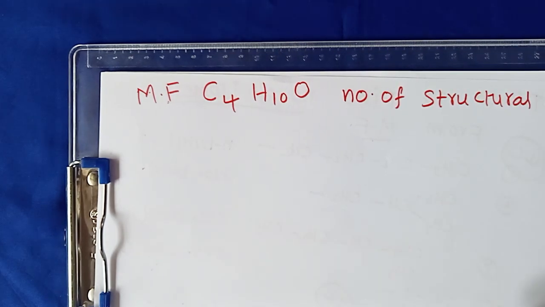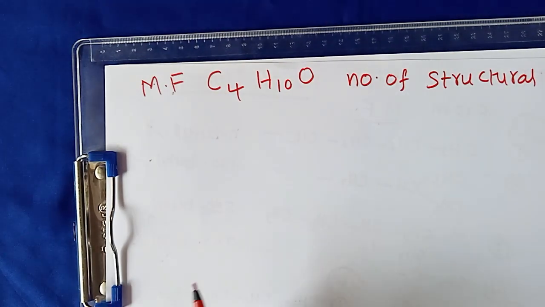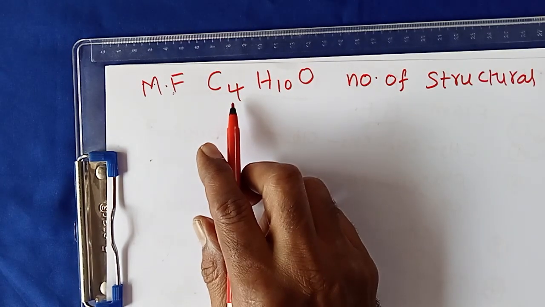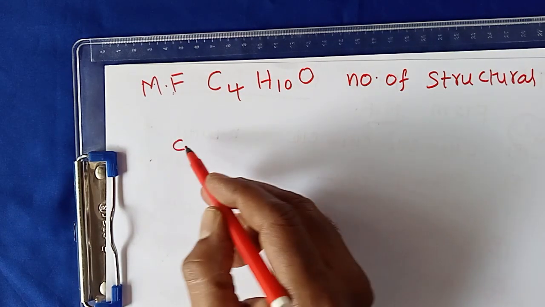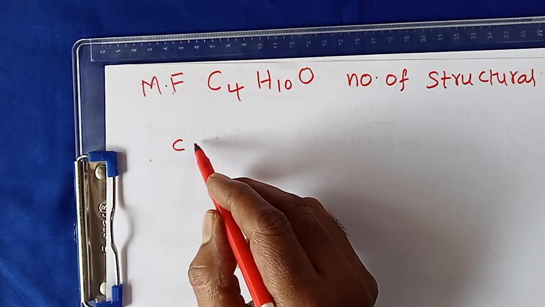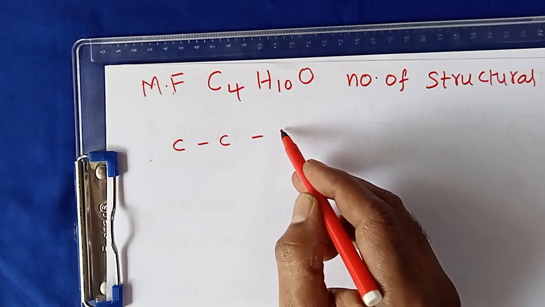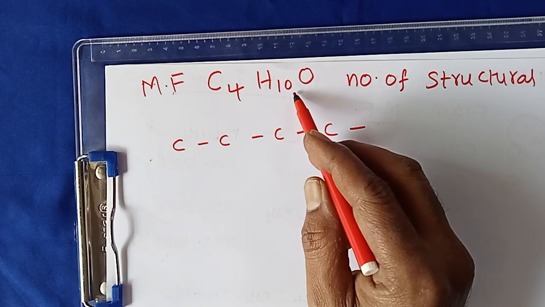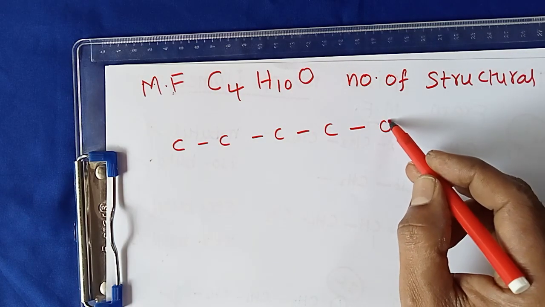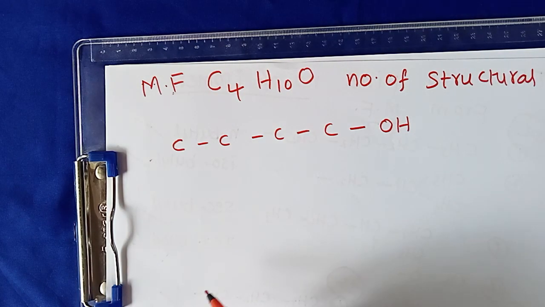See the trick to how to find this. 4 means 4 carbons. We know 4 carbons, C, again C, C and C. This is satisfied by alcohols, so OH.